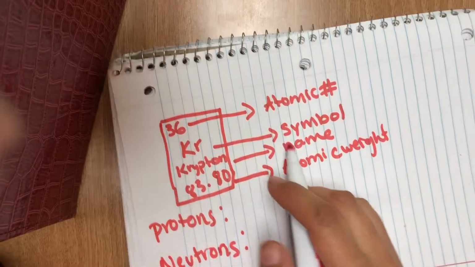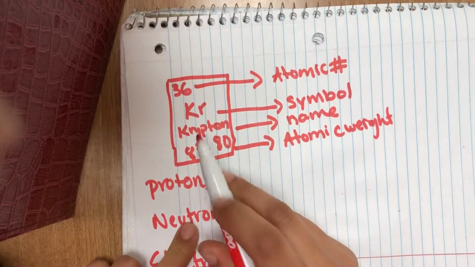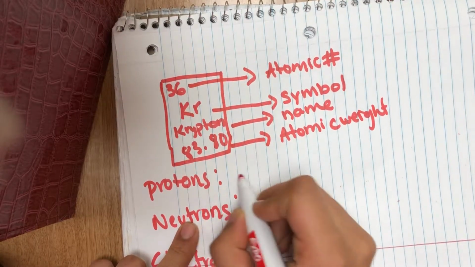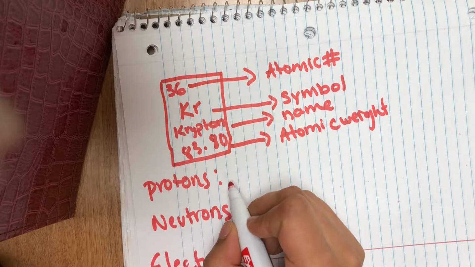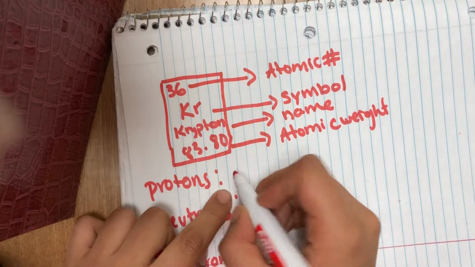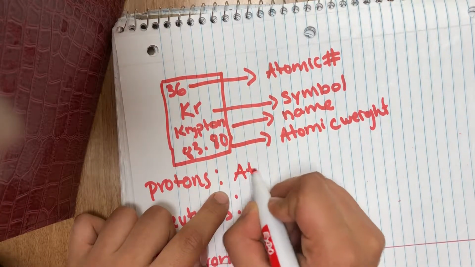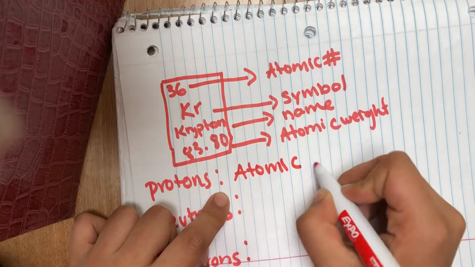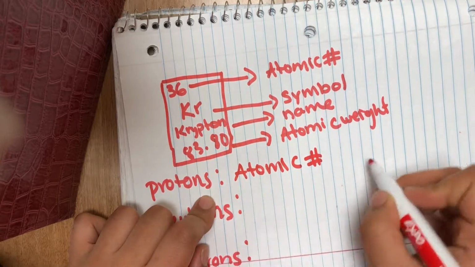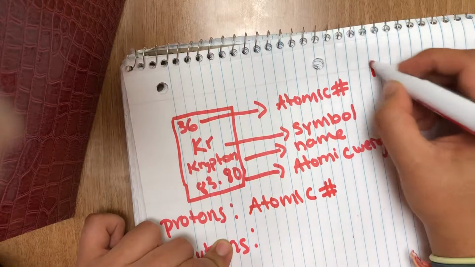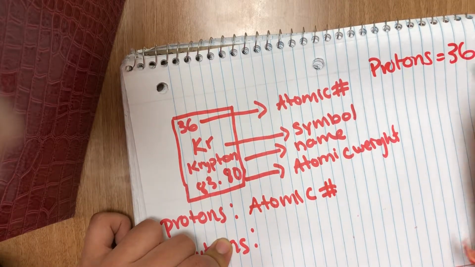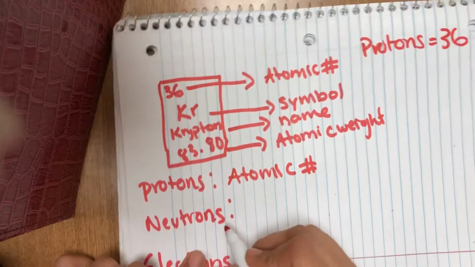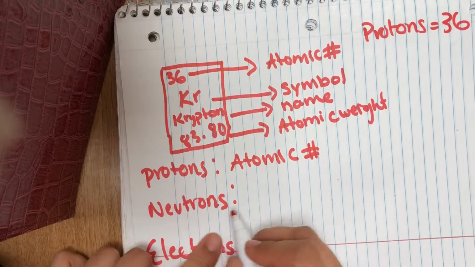So in this specific element, krypton, there are 36 protons. Let's write the definition: how would you find it? It's the atomic number. In this case, it is 36.